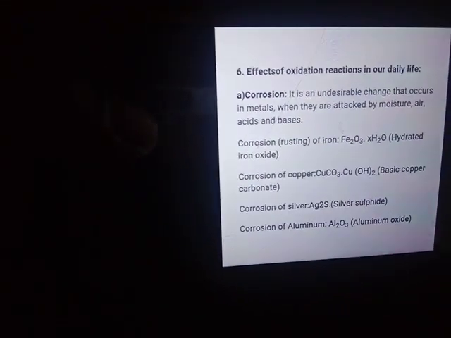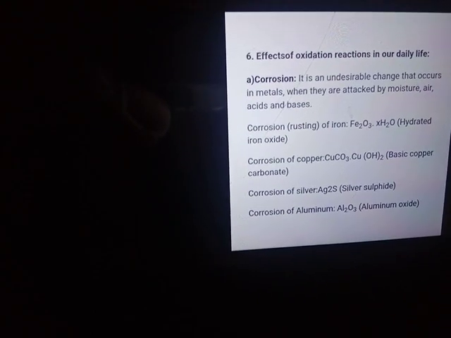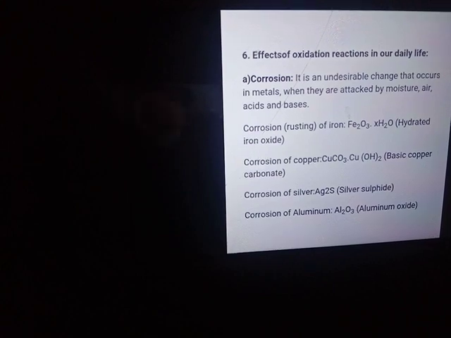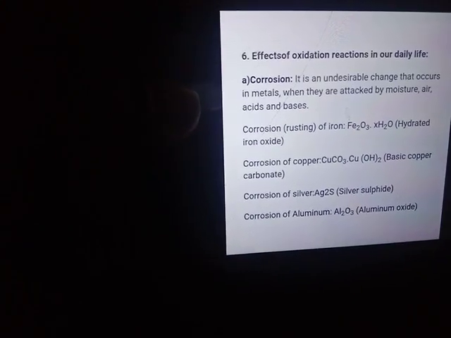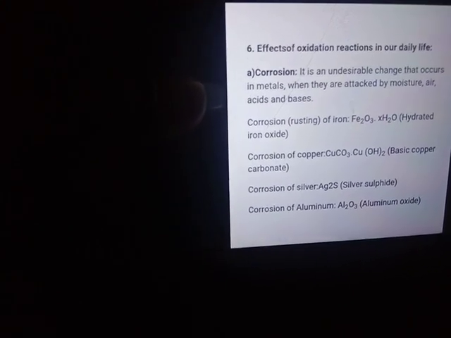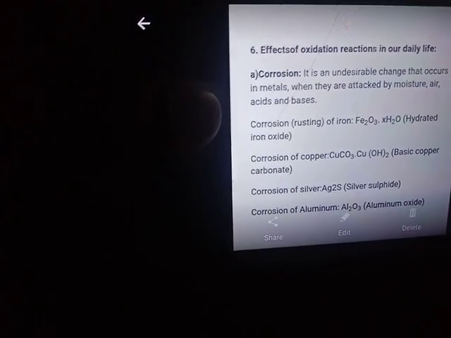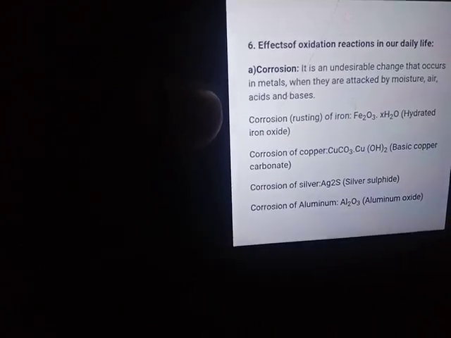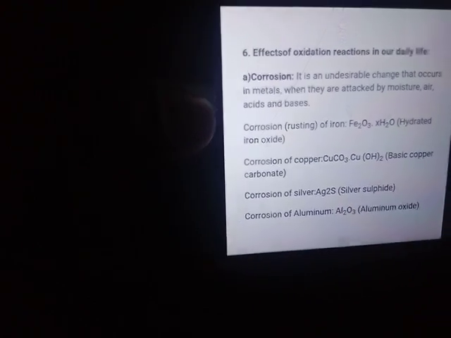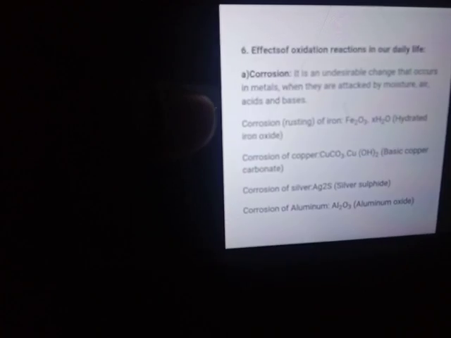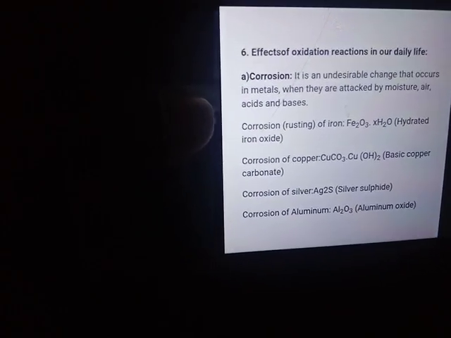Now the effects of oxidation reactions in our daily life: we can take corrosion. We know it is an undesirable change that occurs in metals when they are attacked by moisture, air, acids and bases. For corrosion, the rusting of iron, the formula is, I think this question was asked in the last test, hydrated iron oxide, Fe2O3.xH2O.